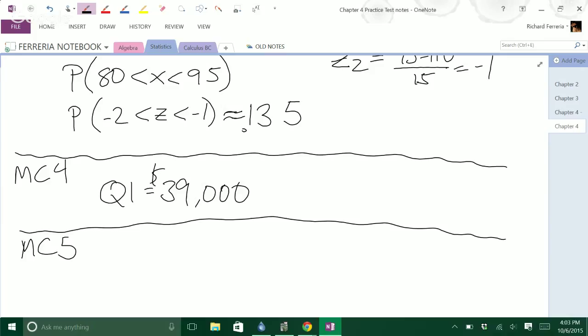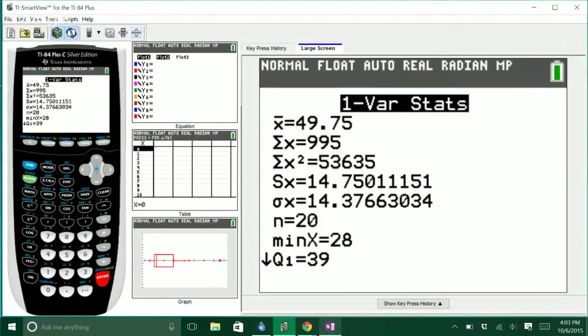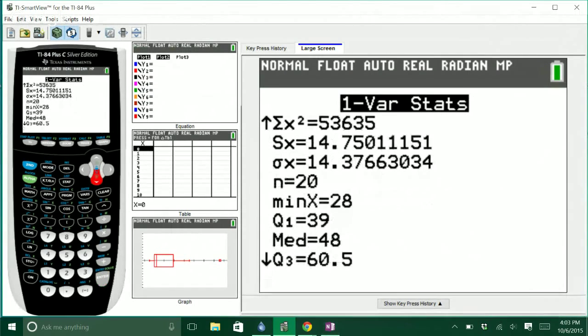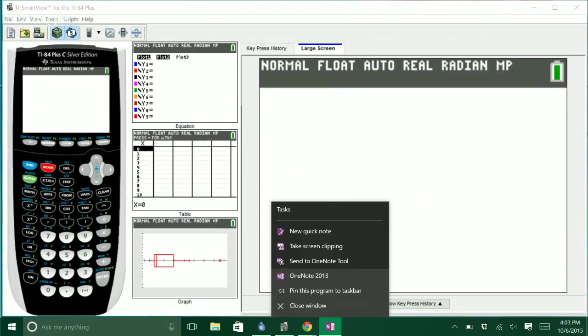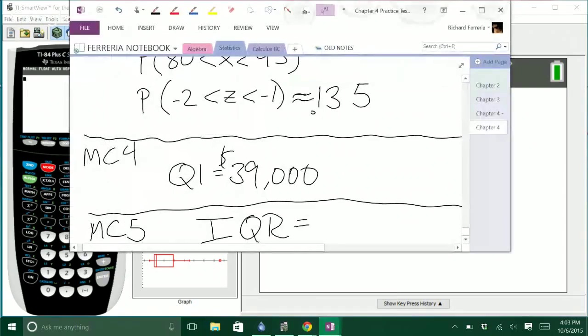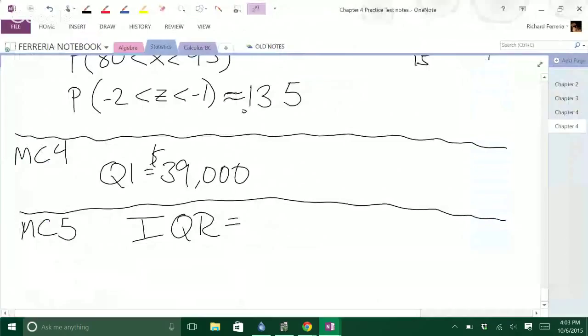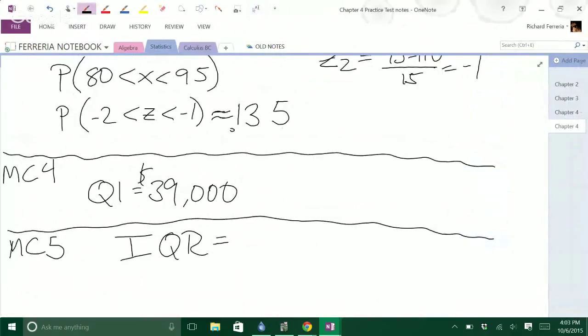MC5, the interquartile range, IQR, is going to be equal to Q3, which is 60.5 thousand, minus 39,000.